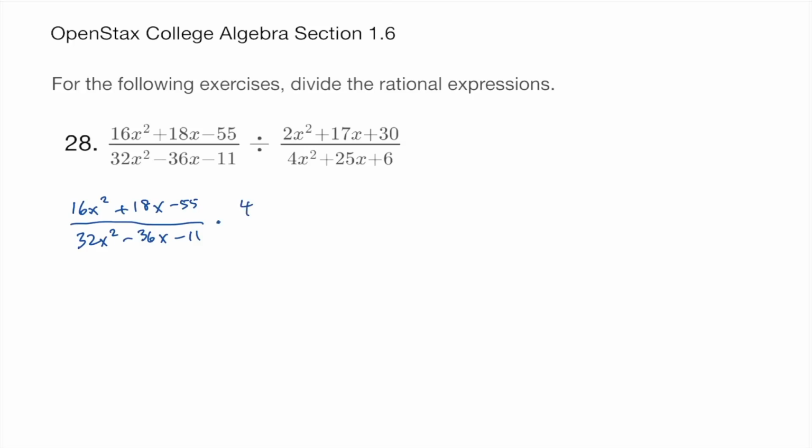So we're going to have 4x squared plus 25x plus 6 all over 2x squared plus 17x plus 30. And what we're going to need to do is factor all of these expressions.